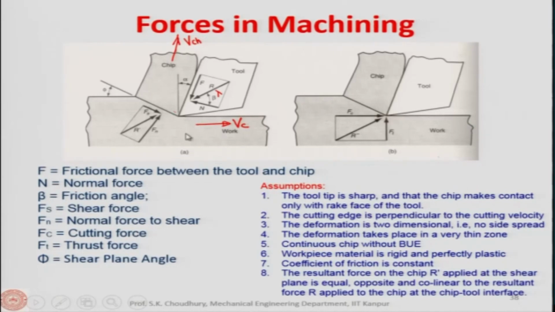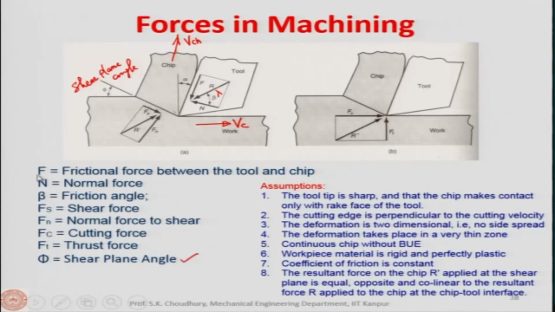Here there are two more things, one is the rake angle shown here, and this is the angle I have already shown you, the angle between the shear plane and the direction of the cutting velocity vector. So, this line is parallel to the cutting velocity vector and this angle is the shear plane angle. In fact, it is written here.